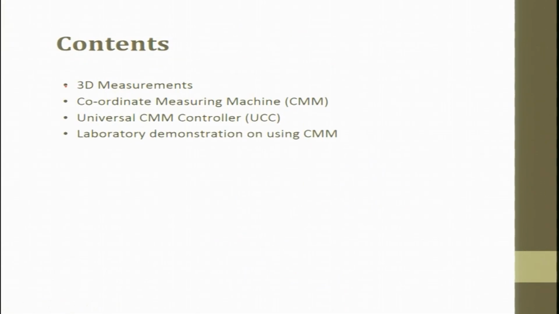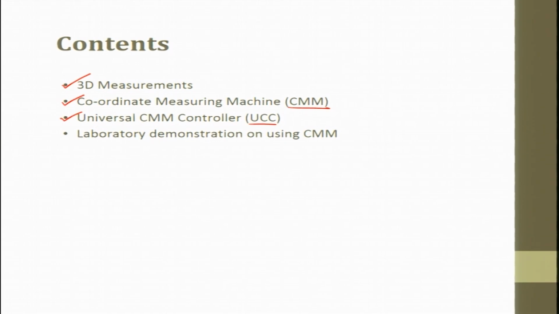Before the start of the lecture, I will just tell you what is 3D measurements, we will just recall those, then what is coordinate measuring machine and specification of the particular machine that we have in our lab, that I will give you. Then we have UCC, universal CMM controller, that is a kind of an inbuilt component.